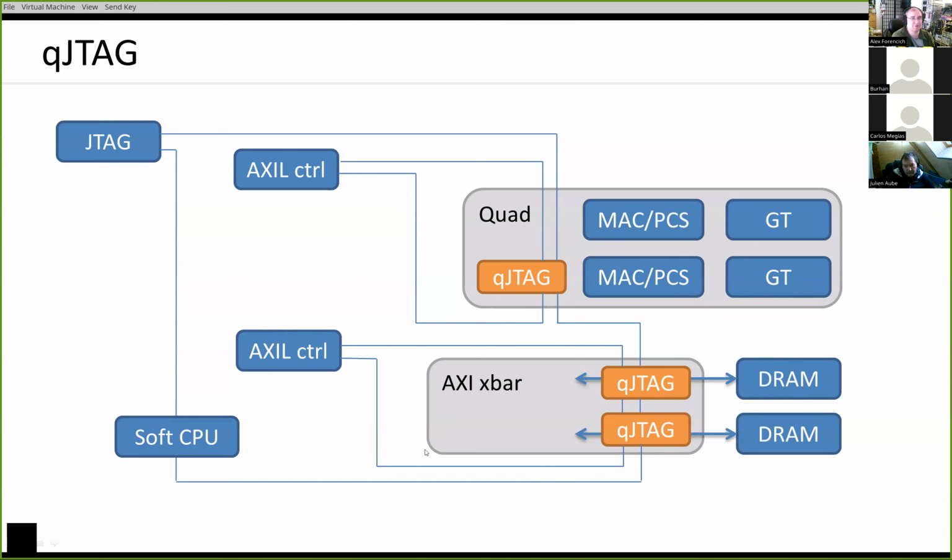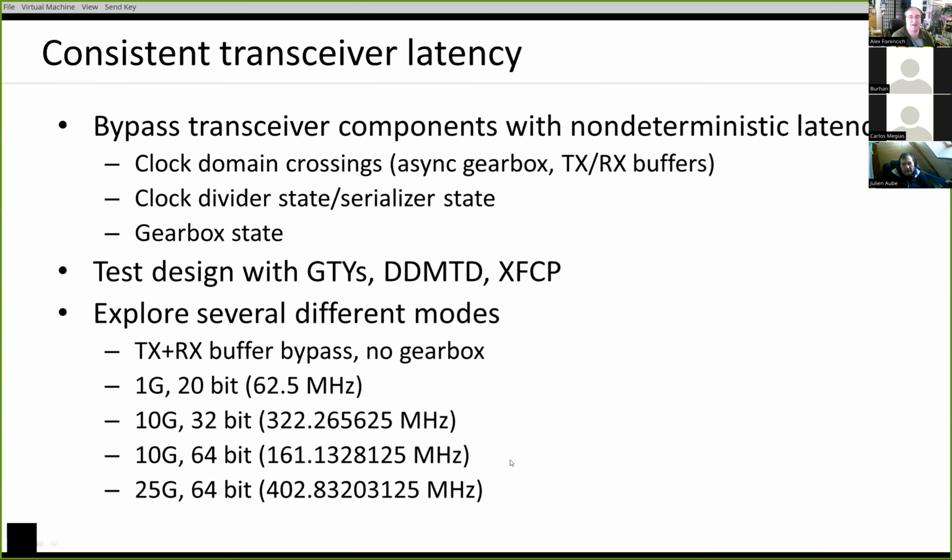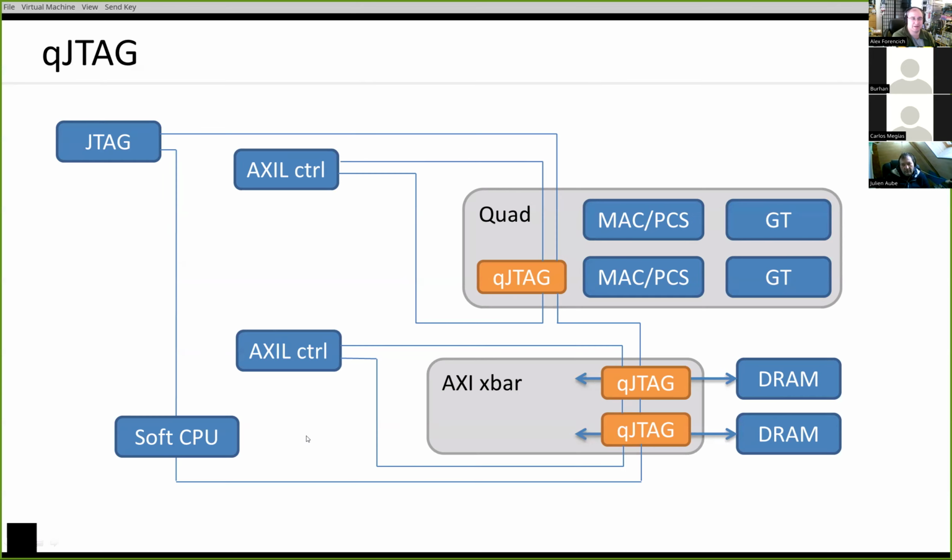So I know for Corundum, something like this could be useful where you want to access the DDR MIGs on an Alveo U200, which are otherwise dedicated to some internal logic. And maybe you don't even have an AXI crossbar in that instance, but you still want to have some capability of poking at those MIGs and seeing what's sitting in that DRAM. So that's kind of the idea.